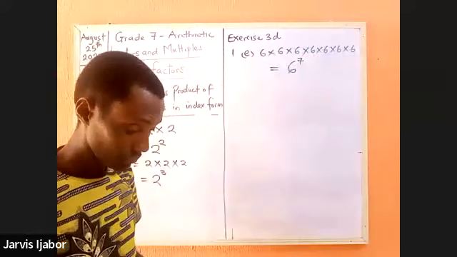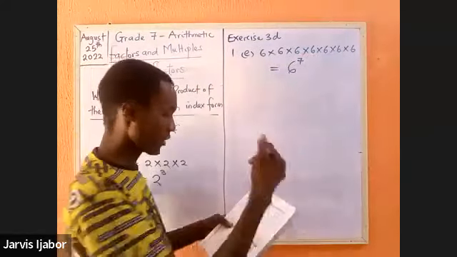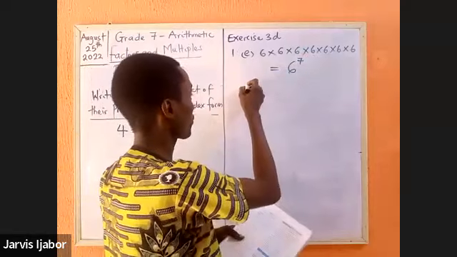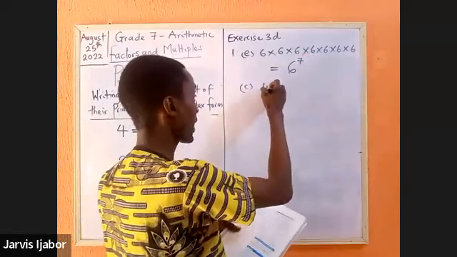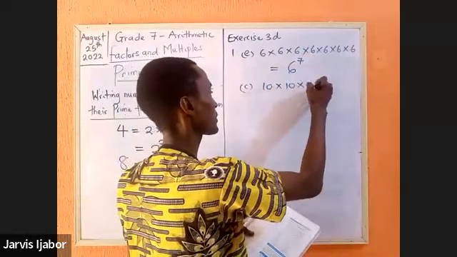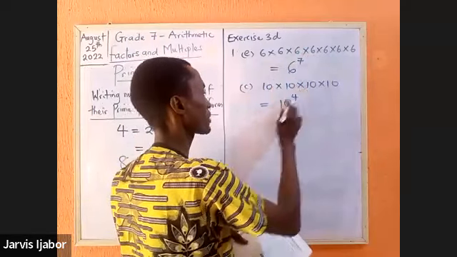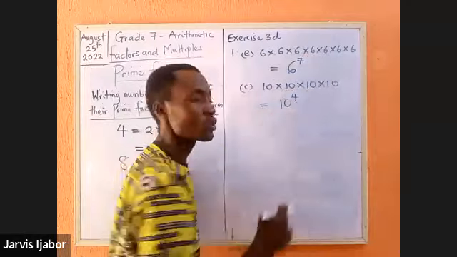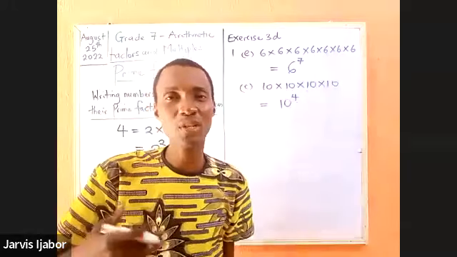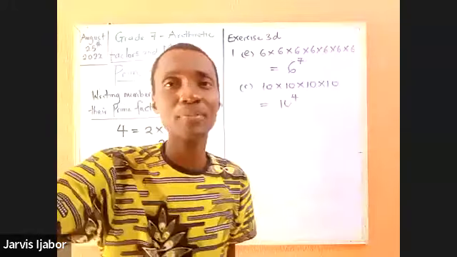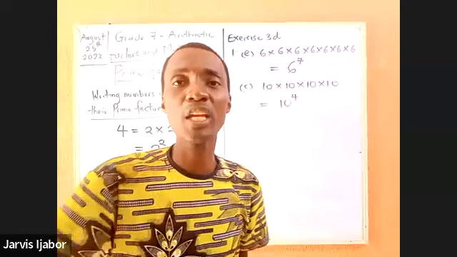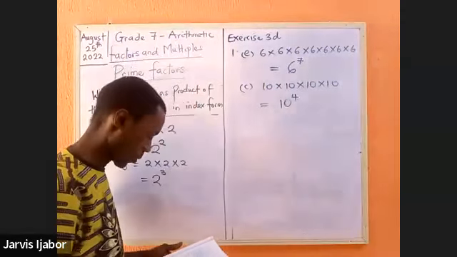That's what that means. Then let me take another one. Let's say I'll take C, for instance. 10 times 10 times 10 times 10 will mean 10 multiplied 4 times. 1, 2, 3, 4. So index gives us the idea of how many times a given number is being multiplied, right?